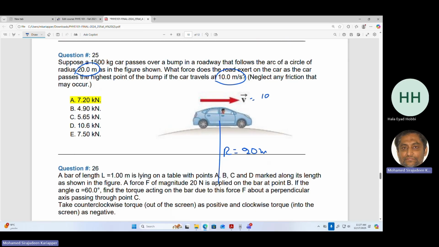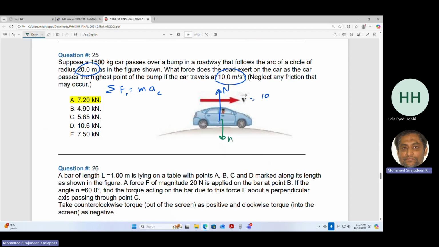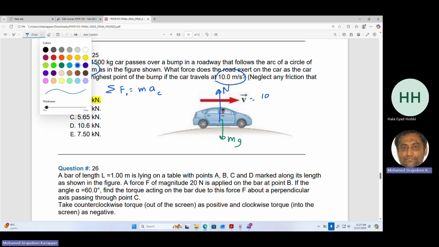So it's again a straightforward question. If you remember Newton's second law for circular motion, the net force in the radial direction is equal to mass multiplied by centripetal acceleration toward the center of the circle. So the forces are the gravitational force down and the normal force up.